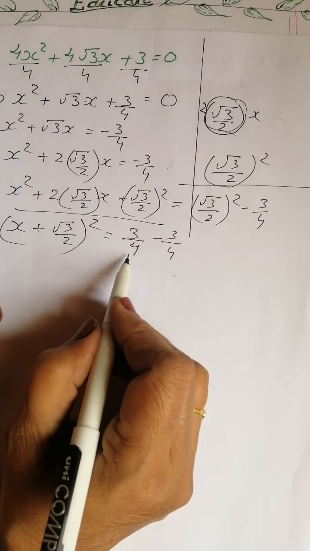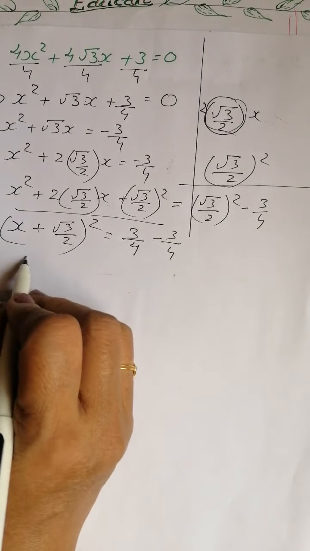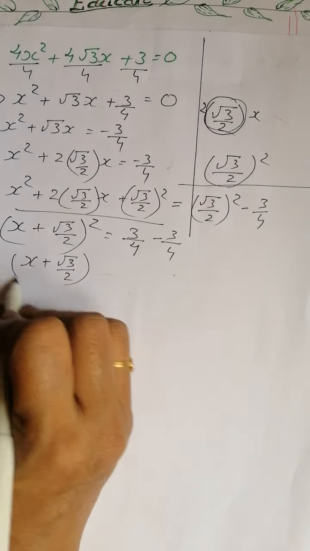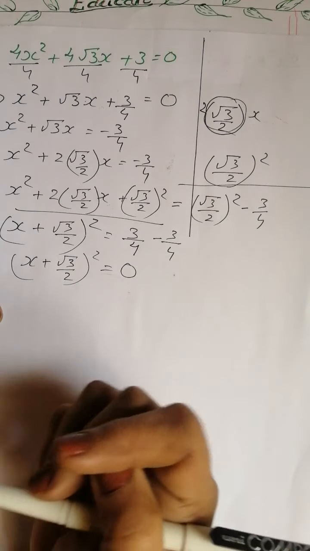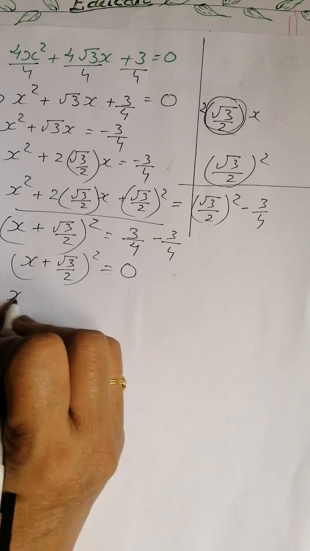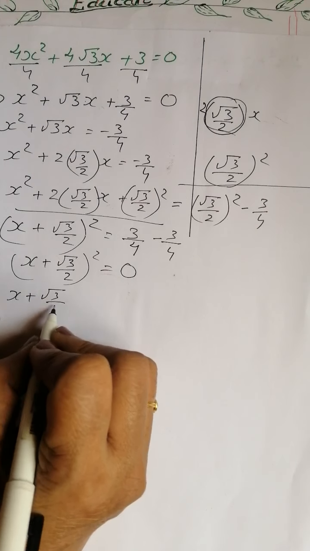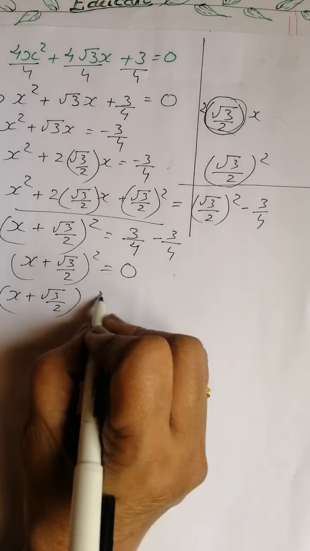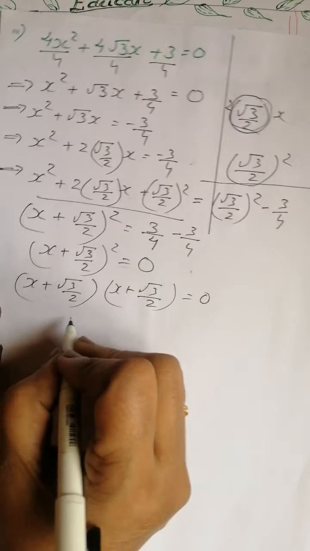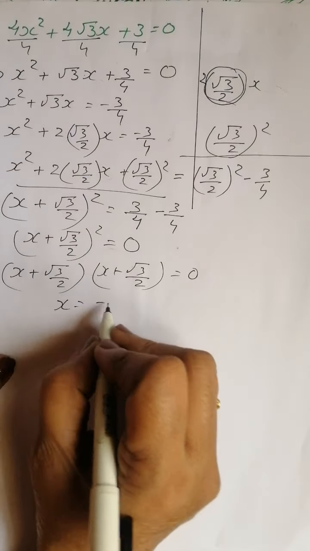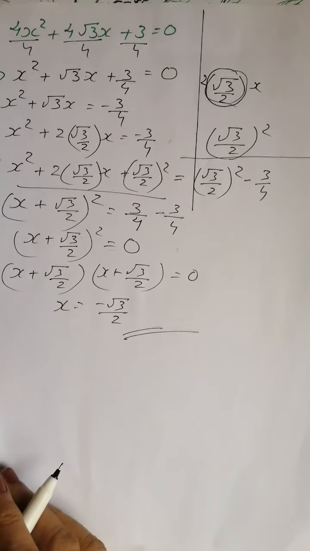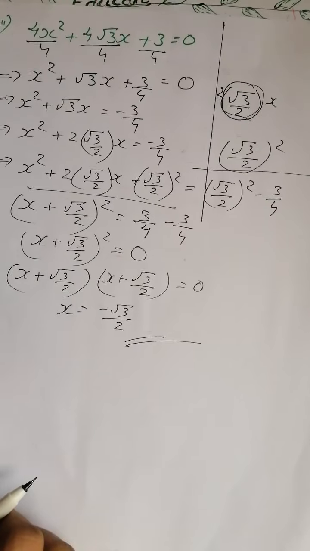So 3 by 4 minus 3 by 4 is 0. So what is the assumption in this one? We are having only one root. If you open this one, you will get x plus root 3 by 2 into x plus root 3 by 2 is equal to 0. The answer is x is equal to minus root 3 by 2. Done. Finished. So easy. Is it not?